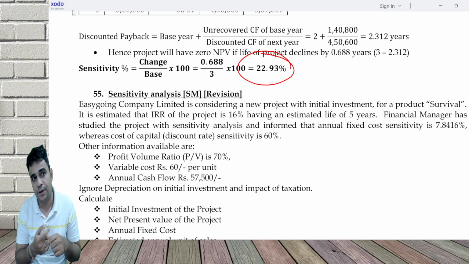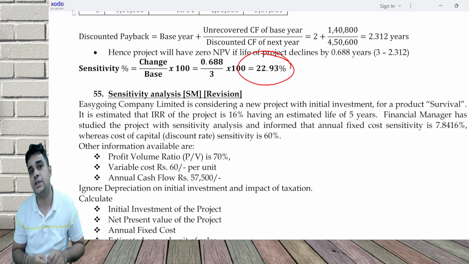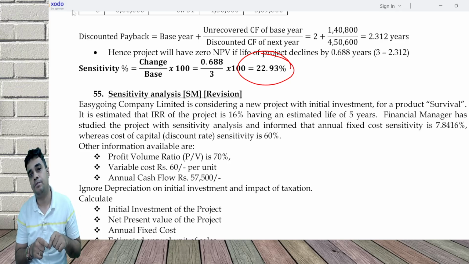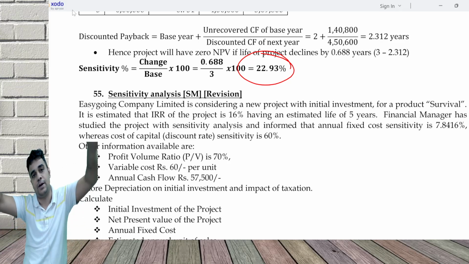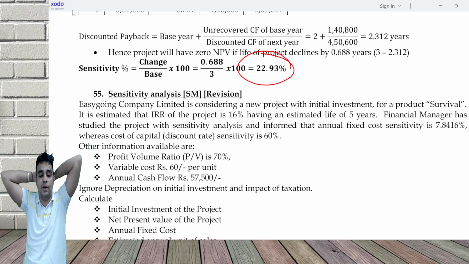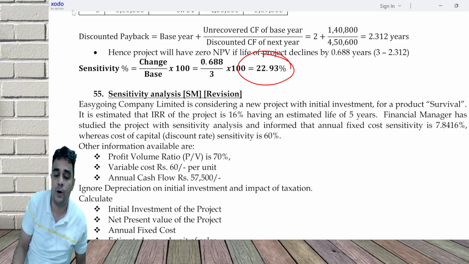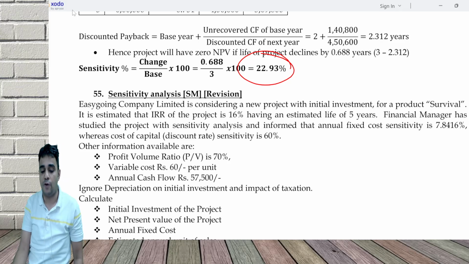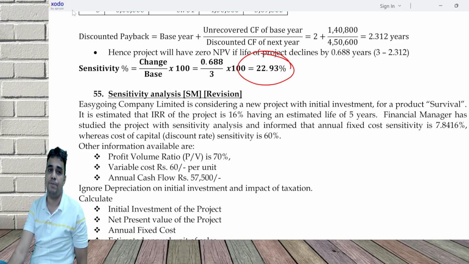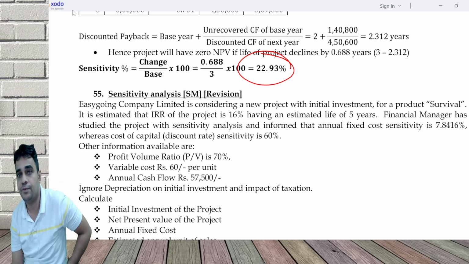IRR is the rate of return at which NPV is 0, and cost of capital has a cushion of 60%, which means what? Now let's not get into the fixed cost part. I'll come to fixed cost later. What is the understanding with IRR of 16 and cost of capital sensitivity of 60%?